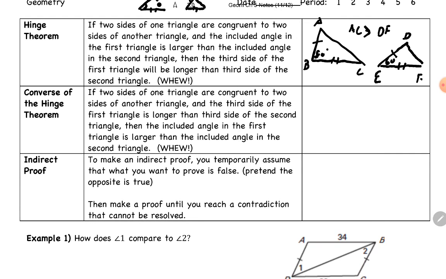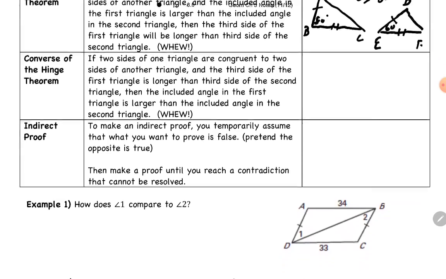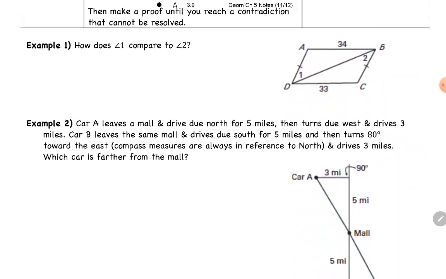If two sides of a triangle are congruent, and the third side is bigger on the first triangle than the second triangle, that means the angle opposite the third side of the first triangle is bigger than the angle opposite the third side of the second triangle. Okay, and we'll talk about indirect proofs in a second.